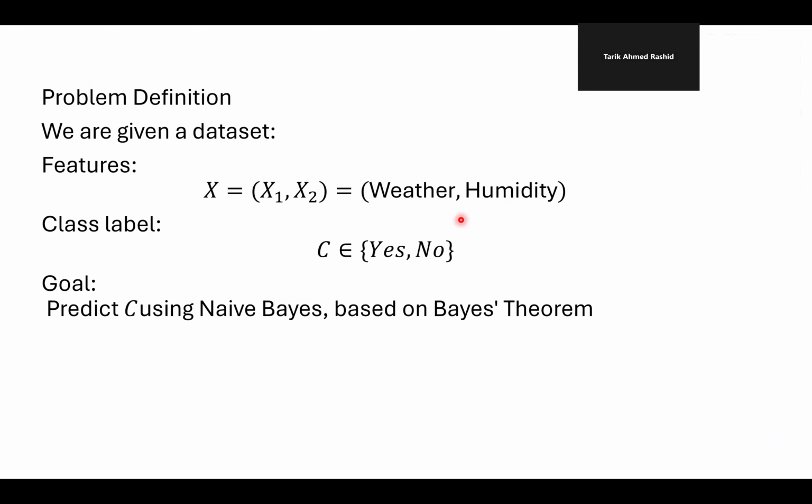If we are given a set of data, a data set, we will have features, x1, x2, for example, weather and humidity, and the class is either yes or no. The goal is to predict the class using Naive Bayes based on the Bayes theorem.